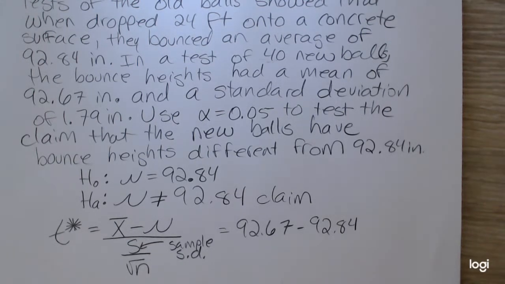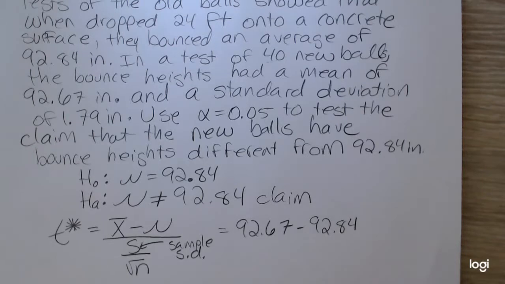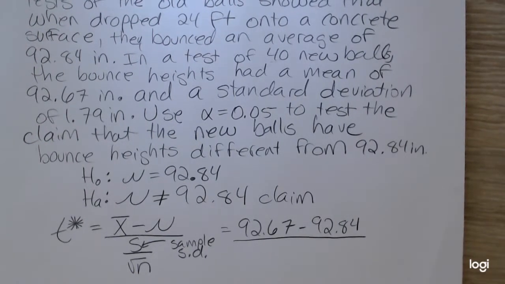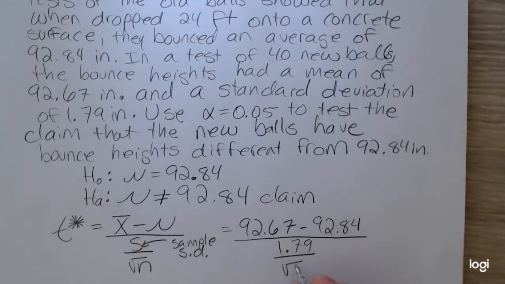But to appropriately make that decision, we need to standardize and compare it to the critical values from the t-table. All right, so we want to take that and divide it by the sample standard deviation, which is 1.79, over the square root of the sample size. And again, that was 40.